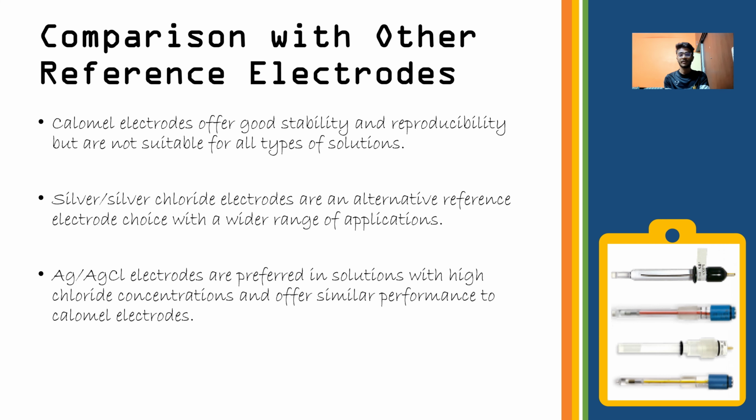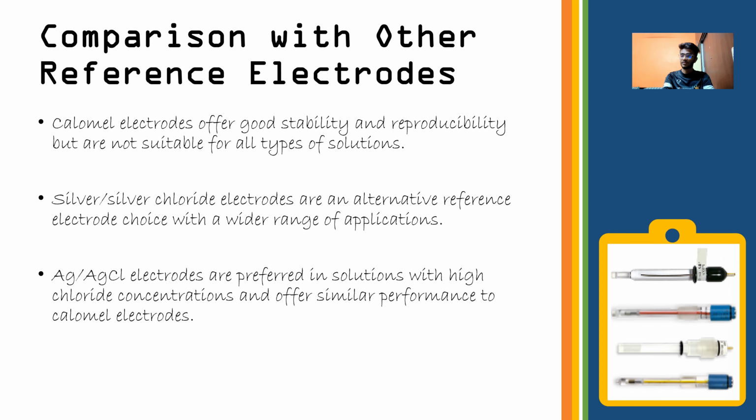Silver and silver chloride electrodes are an alternative reference electrode choice with a wider range of applications. So instead of Calomel electrode, you can use the silver or silver chloride electrodes.